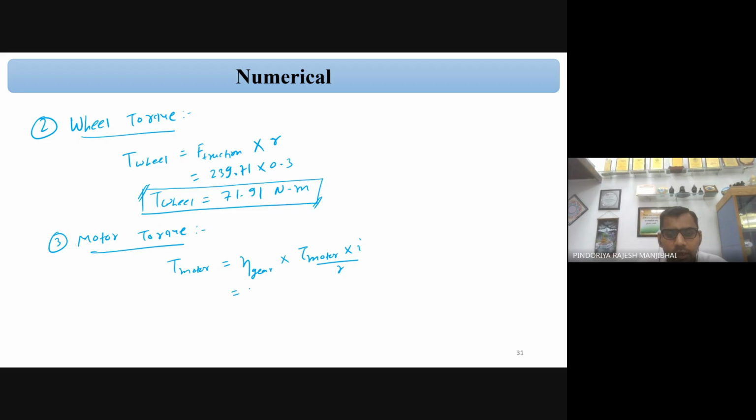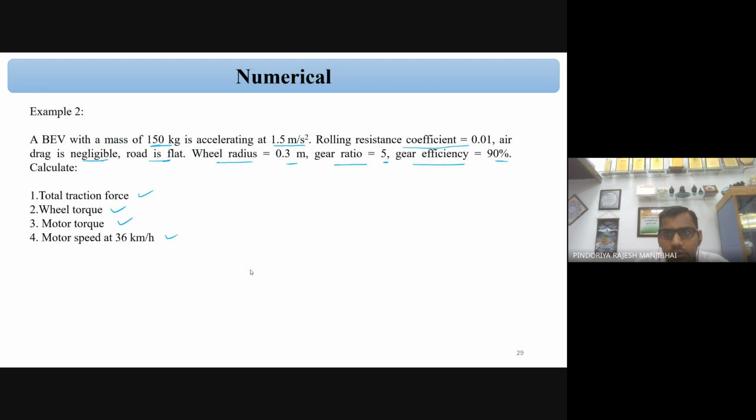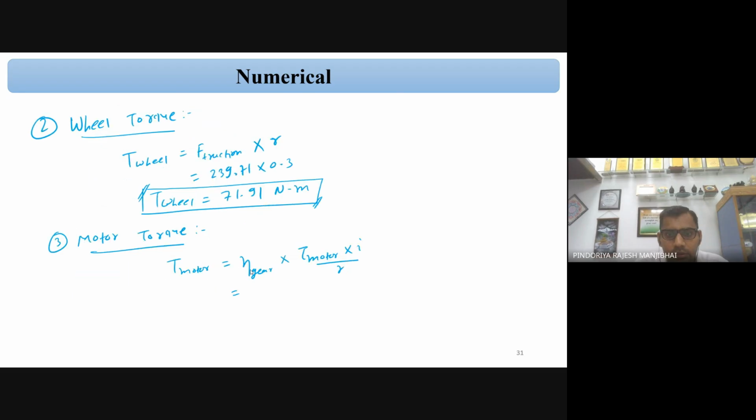So what about the gear efficiency? How much gear efficiency? 90%. So that is 0.9 gear efficiency. This one is the motor torque.